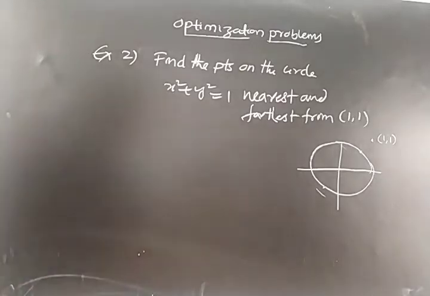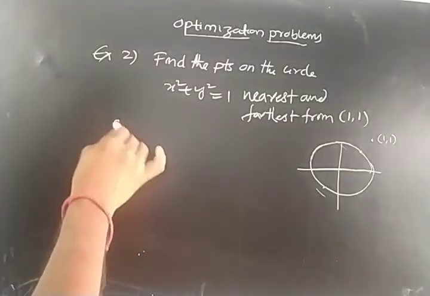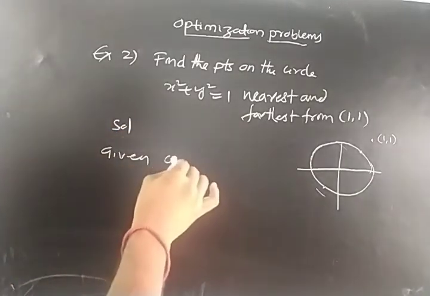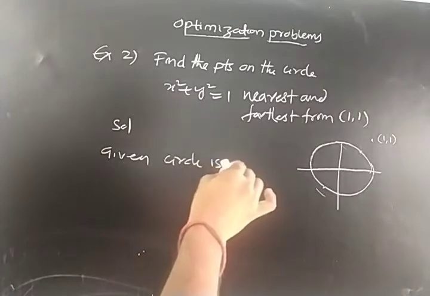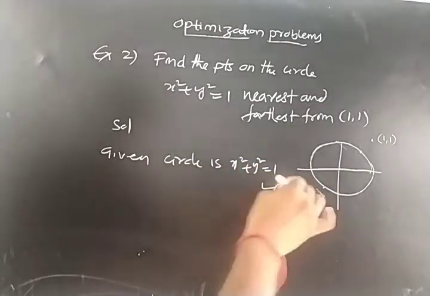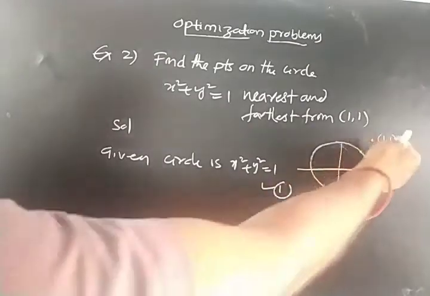Okay, right. Now see here, the given circle is x square plus y square is equal to 1. Say it is equation 1.